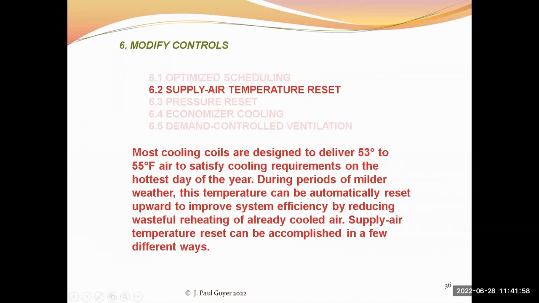Supply air temperature reset. A typical office building would have the cooling coils designed to deliver air at somewhere between 53 and 55 degrees Fahrenheit to satisfy the cooling requirements on the hottest days.